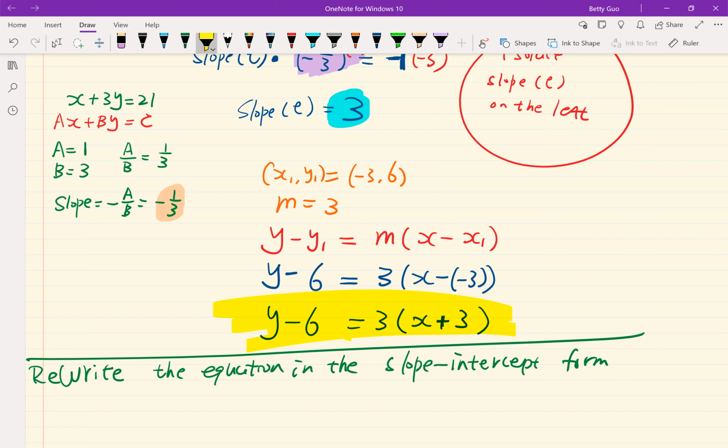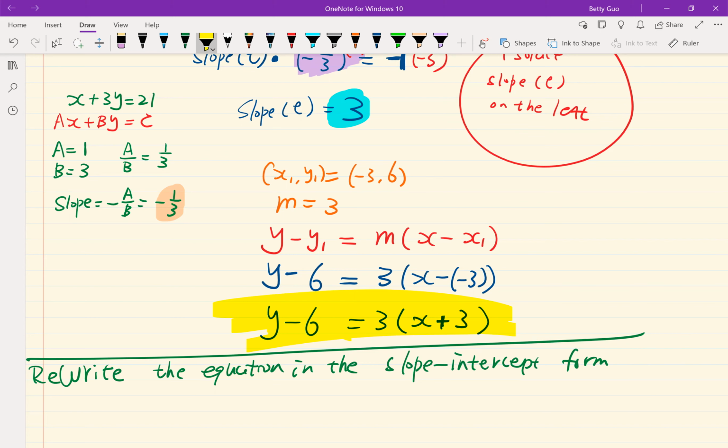Distribute first, right? Very good. Practice makes perfect. Why do you have negative? So the second time is a lot faster than earlier. Yeah.